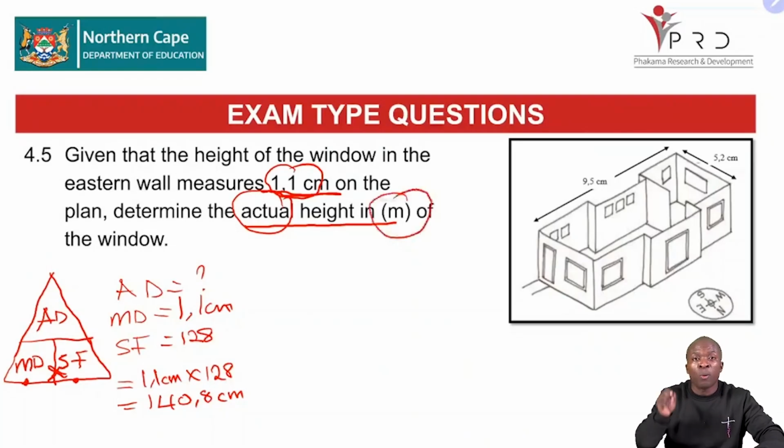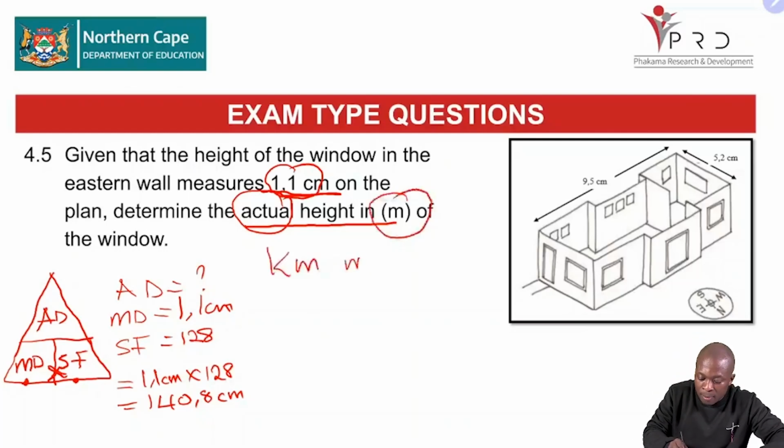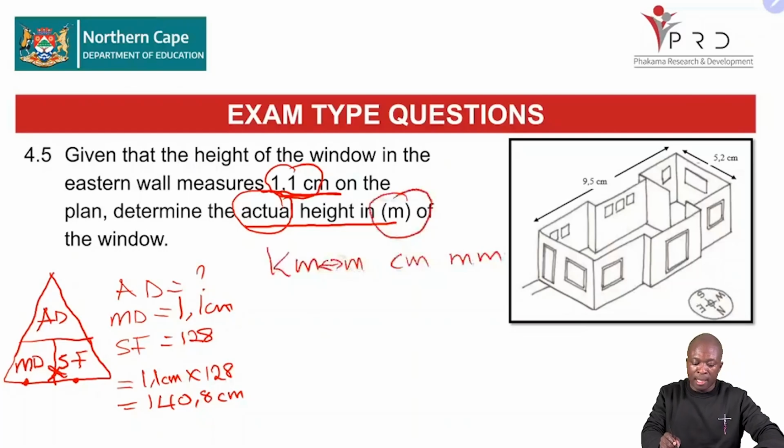But remember, we don't want to just convert in our head. So write down your kilometers, meters, centimeters, millimeters. What is the value between kilometers and meters? Good, 1,000.